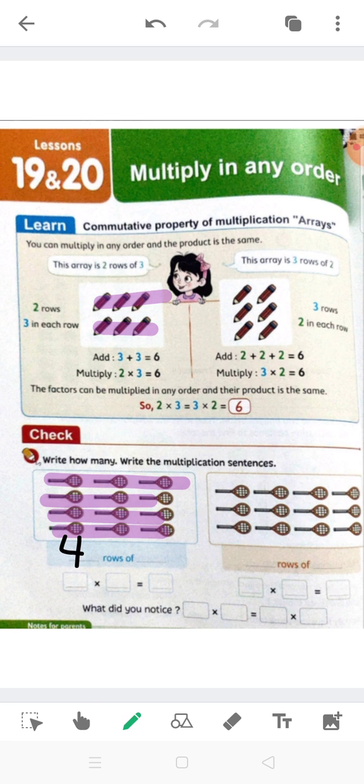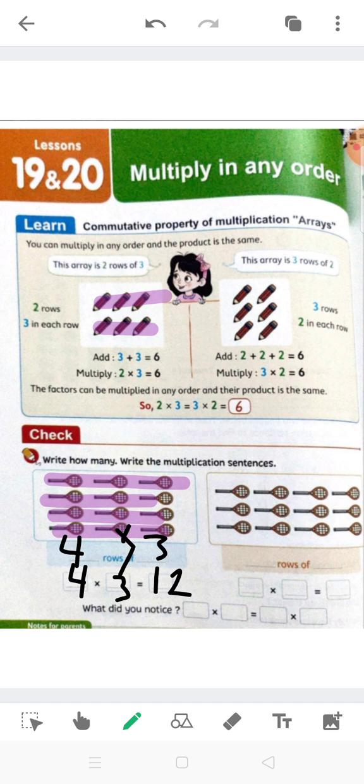How many elements in each row, or how many columns? He mentioned the rows first, so I will write the number of columns, or the elements in each row. I've got 3, so I will write 3. I need the multiply sentence. Just cross off and we write 4 times 3. What does it equal? It's 12.